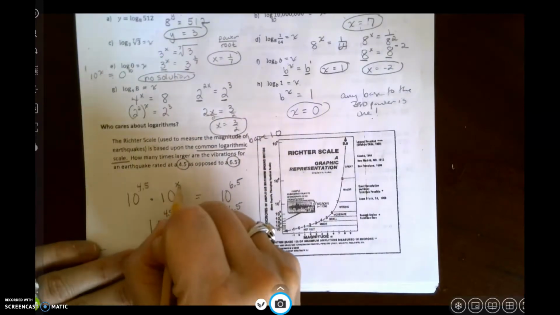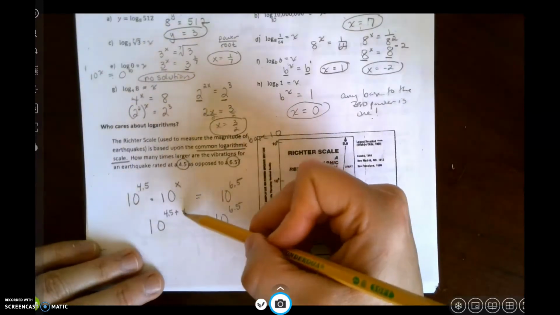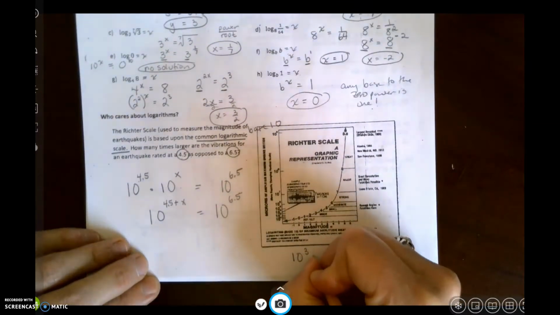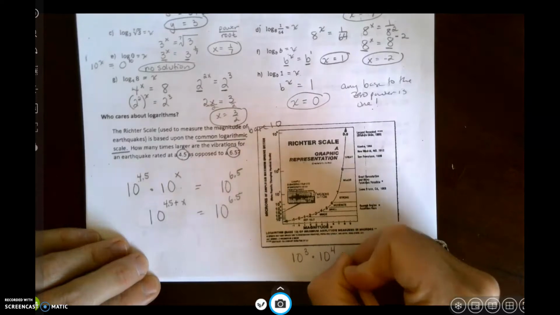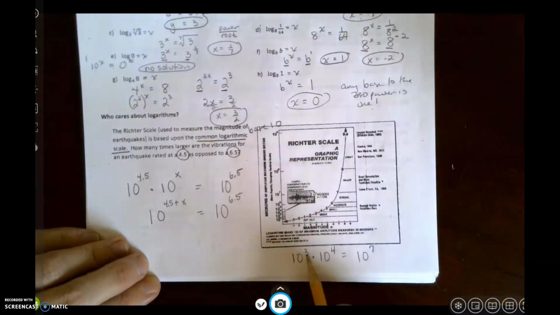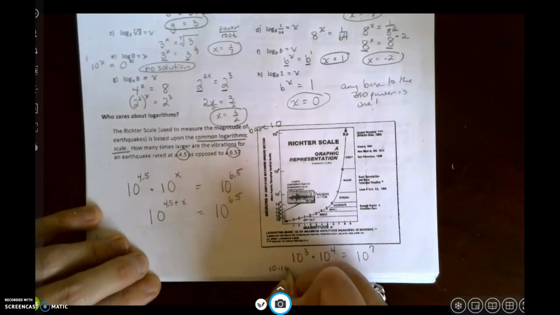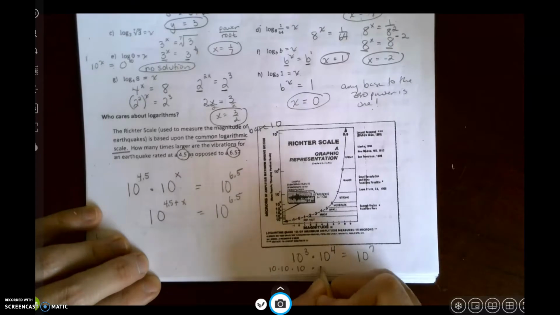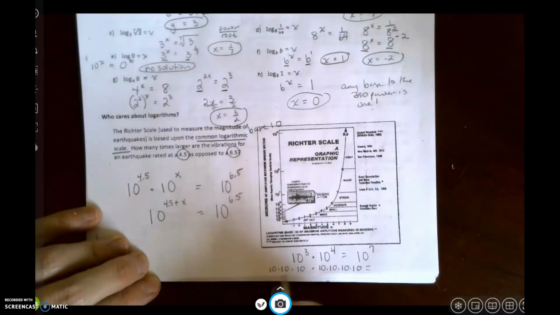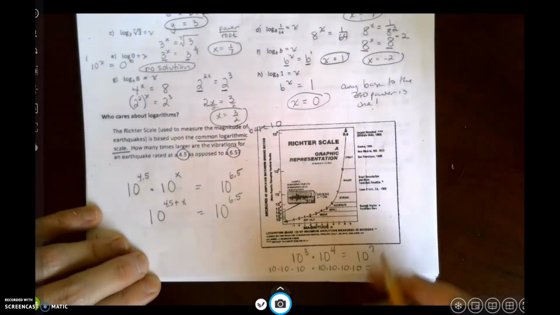If you're confused how I got from here to here, let's do a little reminder down here. 10 cubed times 10 to the 4th is 10 to the 7th. Remember, you add the exponents because this is 10 times 10 times 10, and this is 10 times 10 times 10 times 10, which is 10 to the 7th.